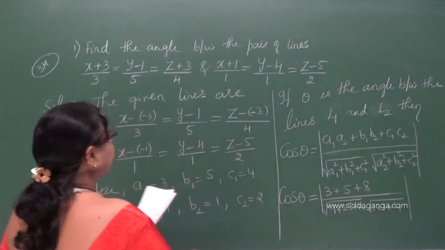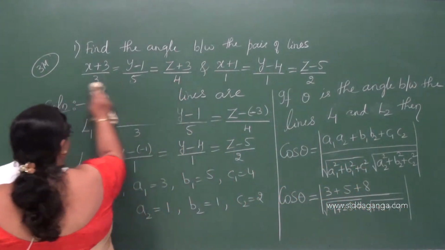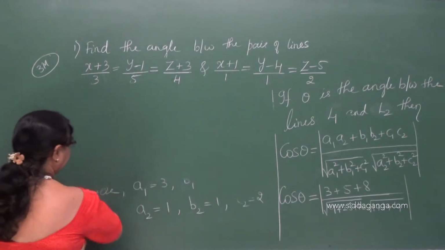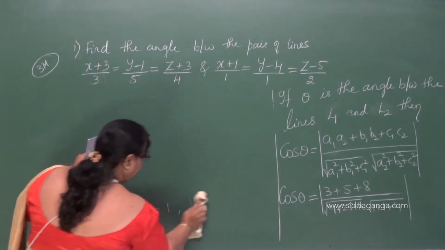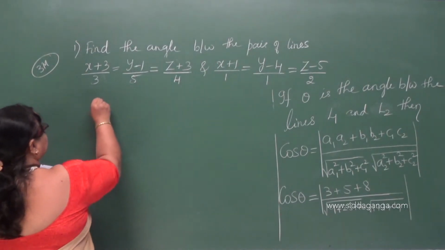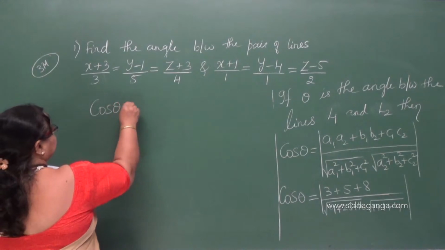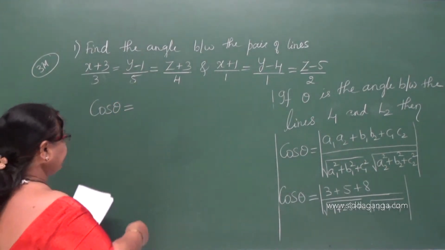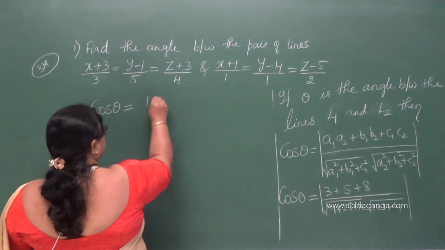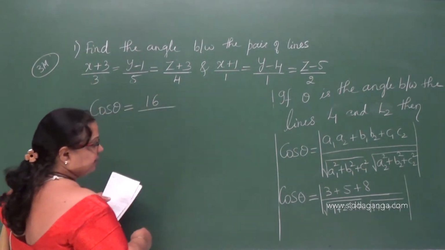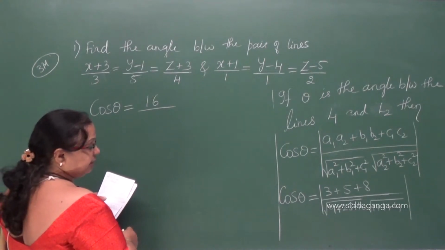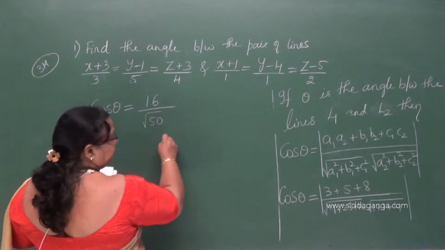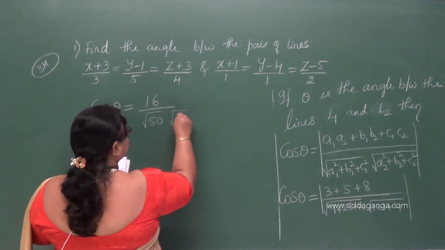That is cos theta equal to, see what answer we get, cos theta equal to 8 plus 8, that is 16, divided by root 50 into root 6.